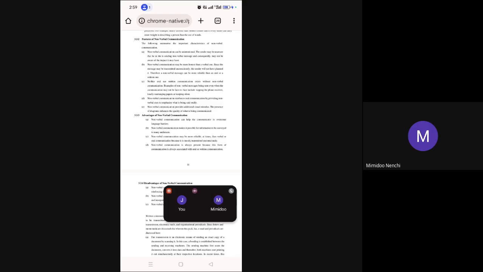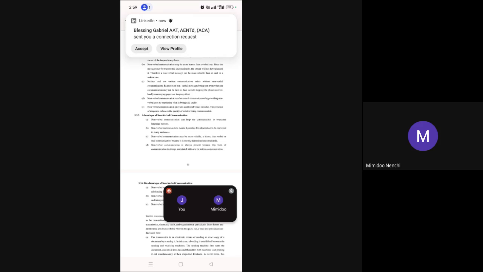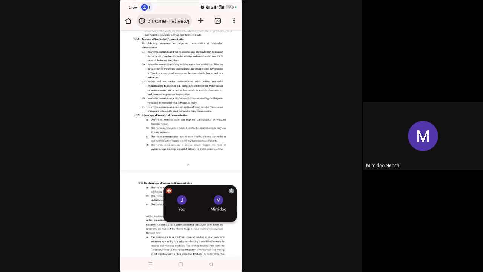Another thing is that non-verbal communication is always present because this form of communication is associated with oral or written communication. Like I said, non-verbal communication is always present anywhere.